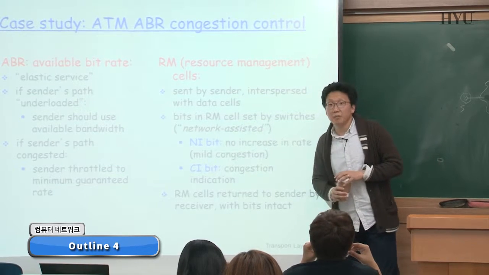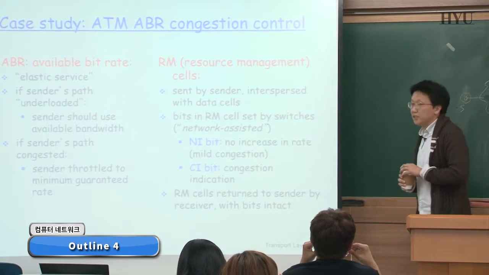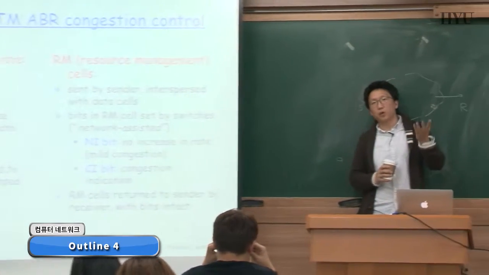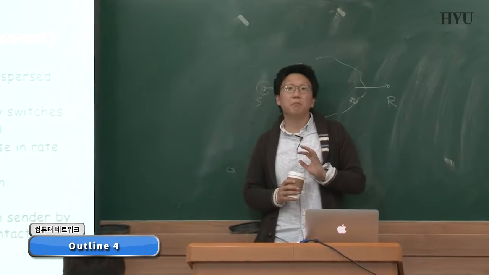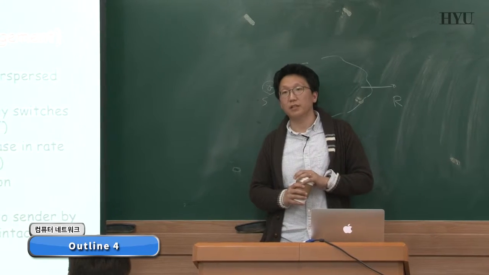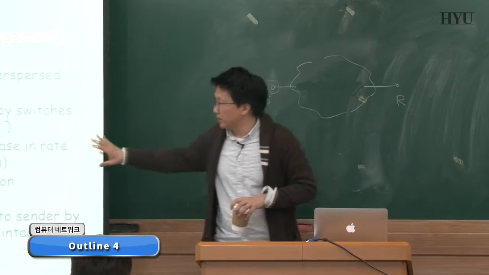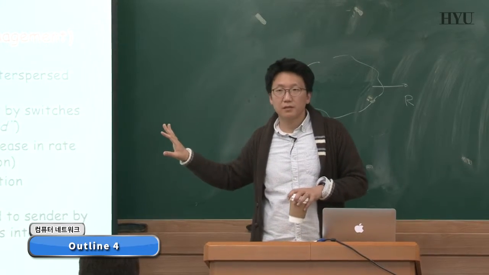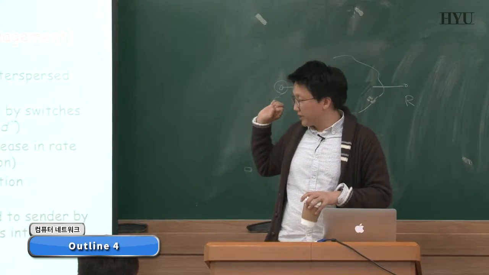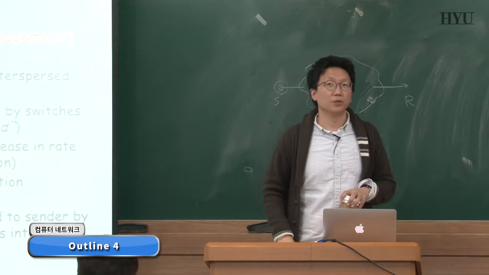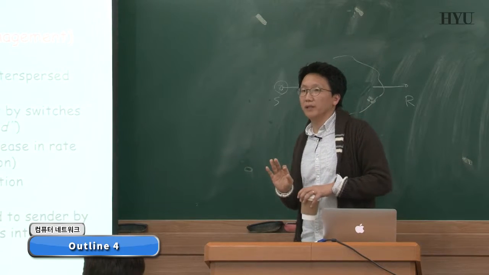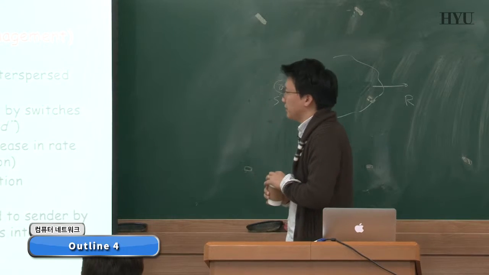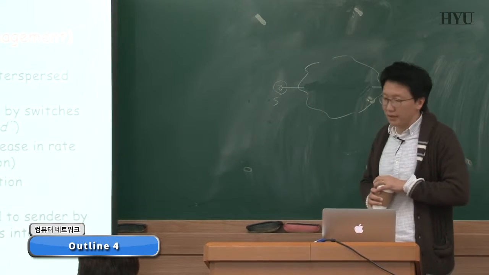If the CI bit, the congestion indicating bit, is flipped, it says 1, then the host can reduce their sending ratio. So something in the middle, the resource managers, RM things, are actually telling the host what to do in very simple ways, only 2 bits maybe, for example. RM cells are returned to the sender by the receiver with the bits intact.